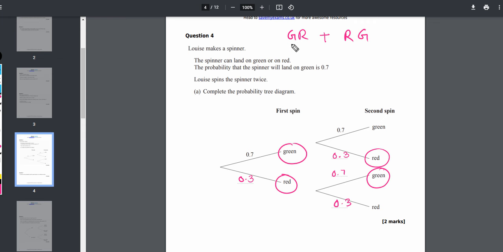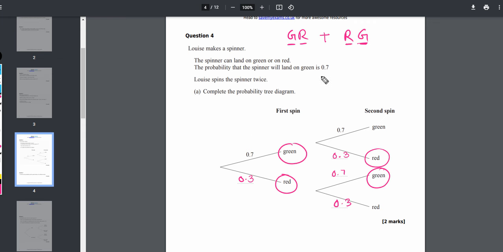So what we do is we'll find out the probability of green and times it with the probability of red. So we'll get green red, and then we'll work out the probability of red and times it with the probability of green in the second spin, we'll get the probability of red green. Now we'll add both the probabilities, because both the probabilities are supporting our outcome, because we want two different colors.